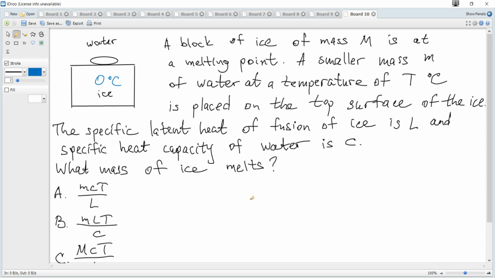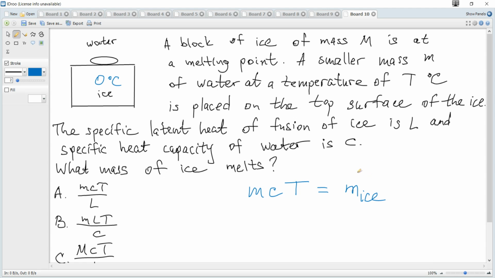So energy from water, it's mc delta T, so it's from capital T to 0, so delta T is just capital T, and it goes to some amount of ice, let it be m ice, which is required, and this mass of ice melts completely.